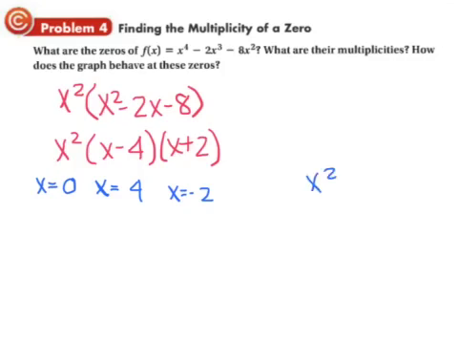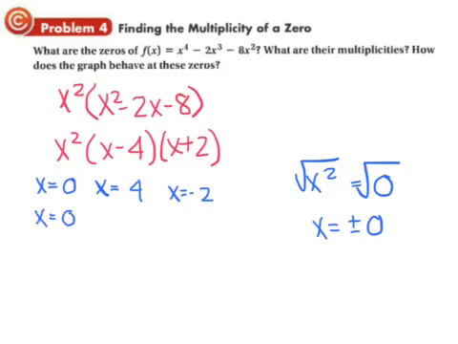Yes, our answer is 0. But what happens when you take the square root of a number? You get how many answers? 2, correct? Now, x equals plus or minus 0, well, that's the exact same value. But there are 2 values, x equals 0 and x equals 0.